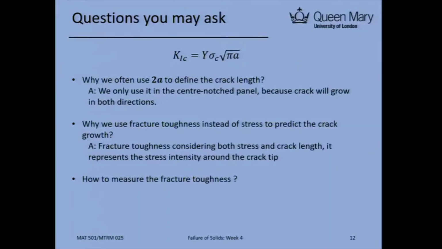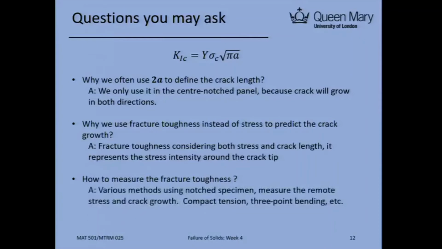You need to think about the crack length again in that scenario. So in our test, we need to measure both of them to give you a stress intensity factor. And when the material starts to fracture, that's the critical point, and that's the value for the fracture toughness. Okay? That's how you measure it.